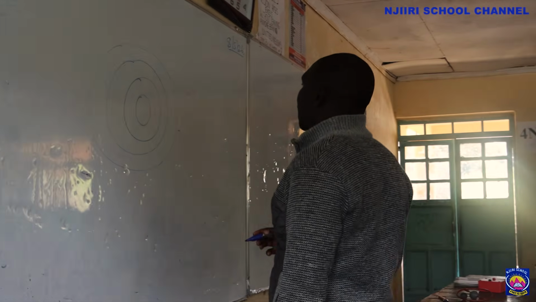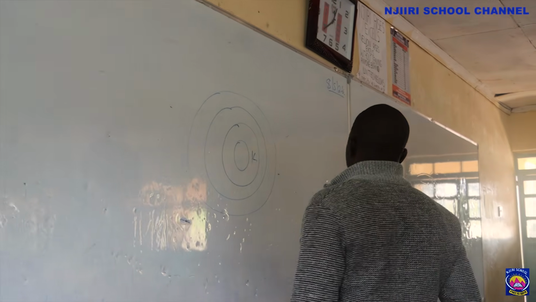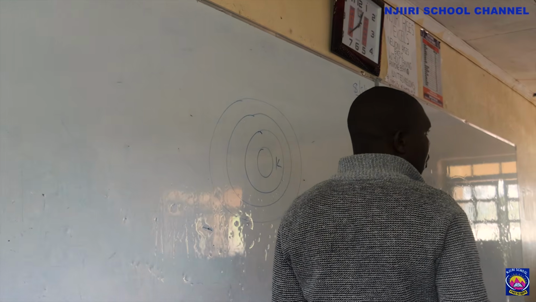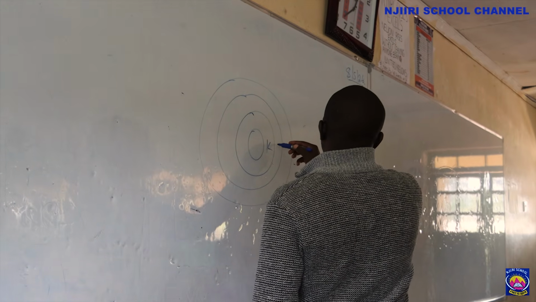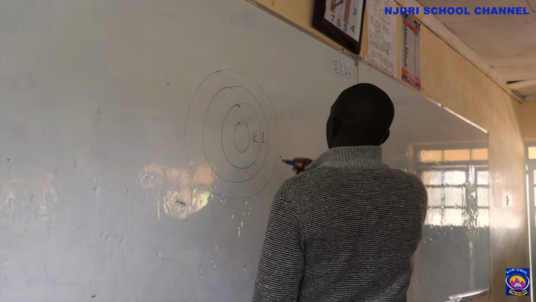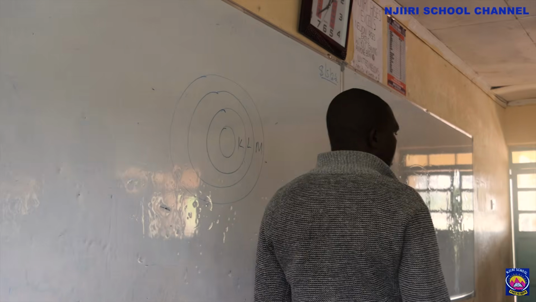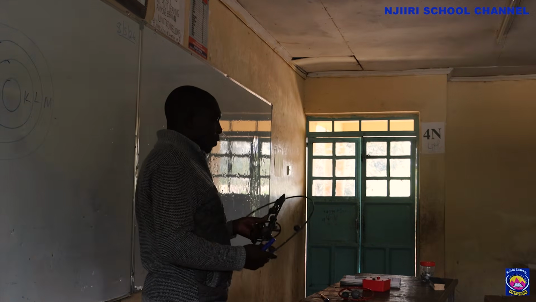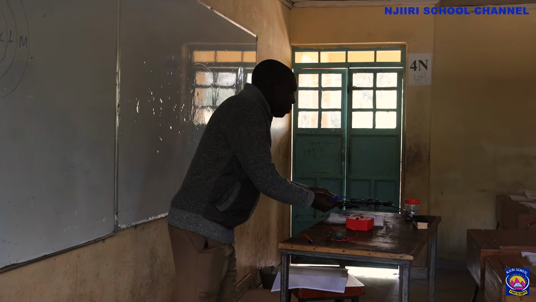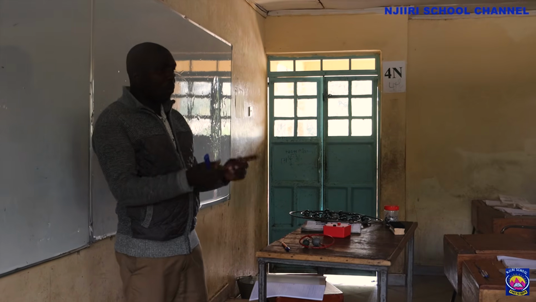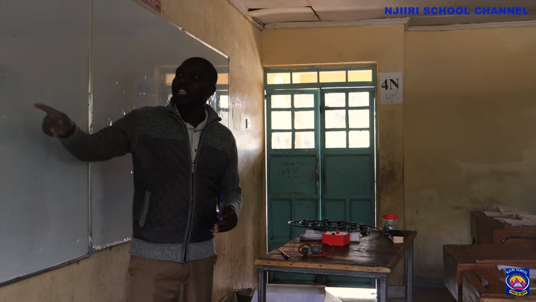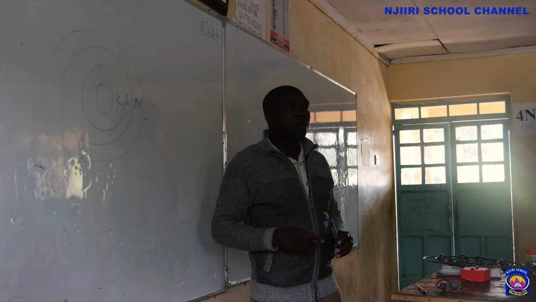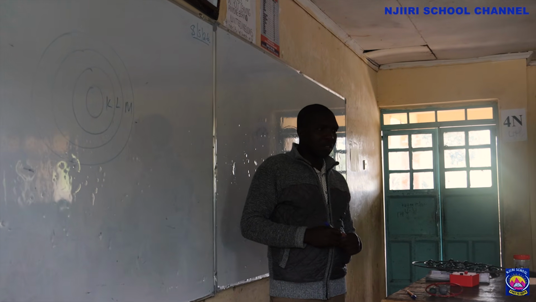Our first energy level we are going to give the letter K. The next one is L, and the other one is M. So those are the three energy levels. When these atoms interact, two or more, these energy levels will split into bands.